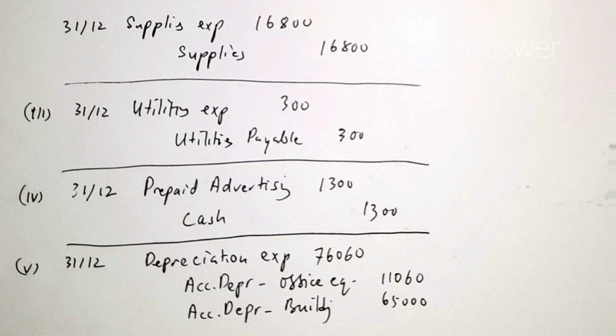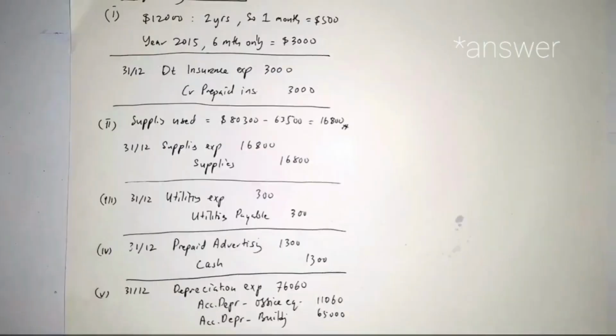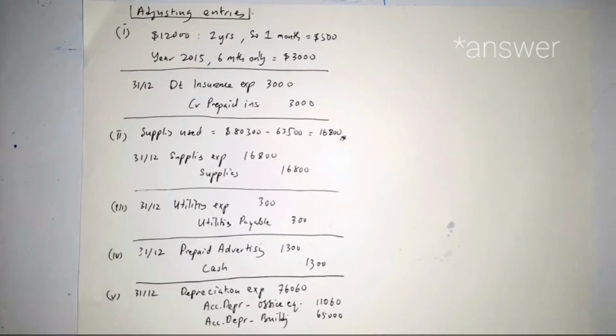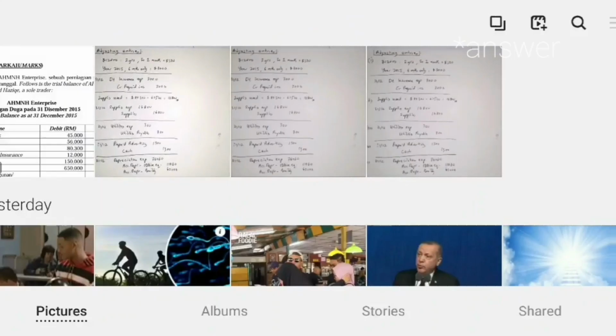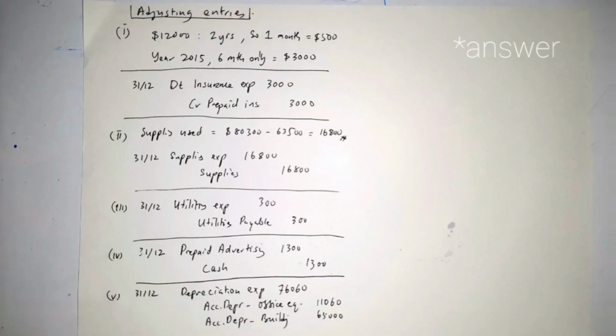Okay, just one more thing. If you check the trial balance of the business, you will see that there is another non-current asset. The non-current asset is land.